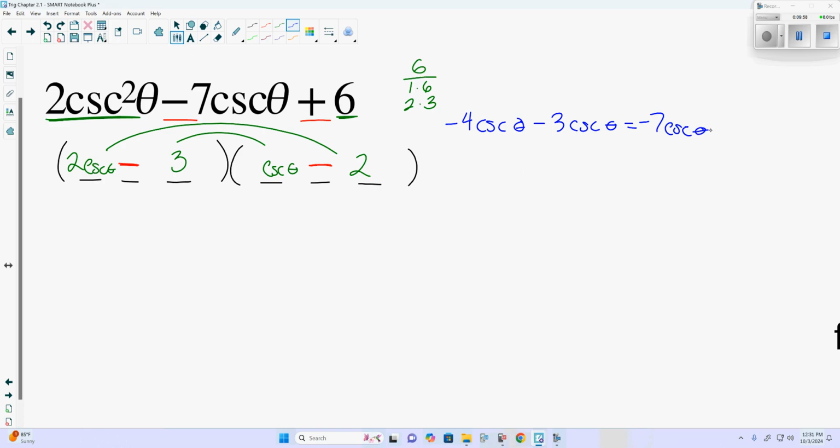Is that the middle term we wanted? So these here are our correct factors. Questions on any of this here? We're ready for the next one.